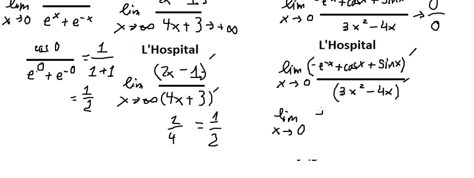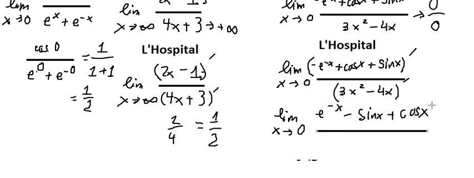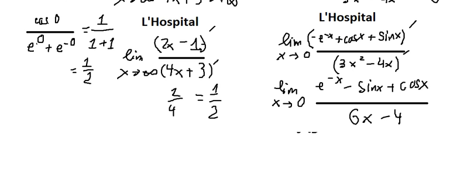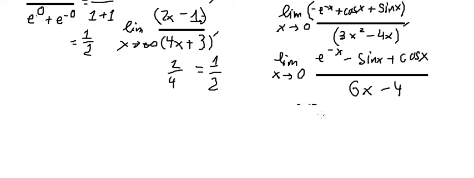So this one gives e to the power of negative x. The first derivative of cosine x gives negative sin x. The first derivative of sin x gives cosine x. This one gives 6x minus 4. Now we put 0 here.